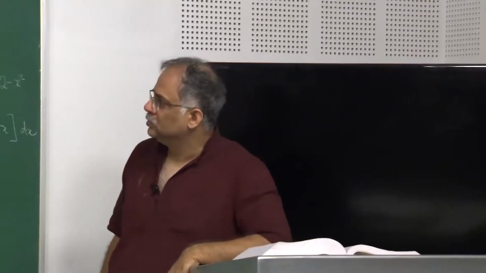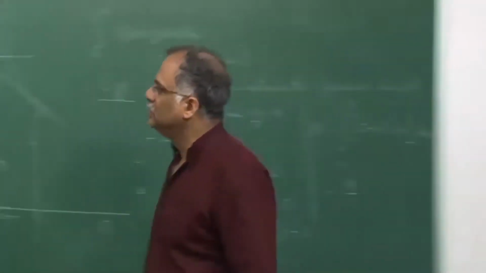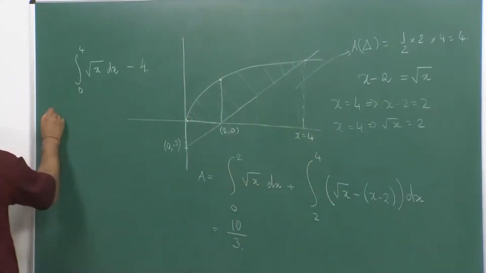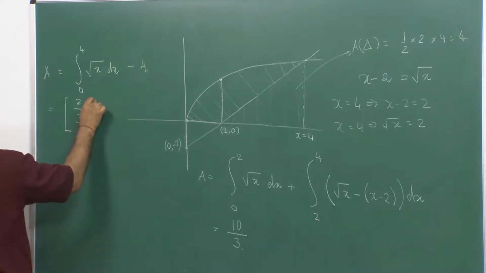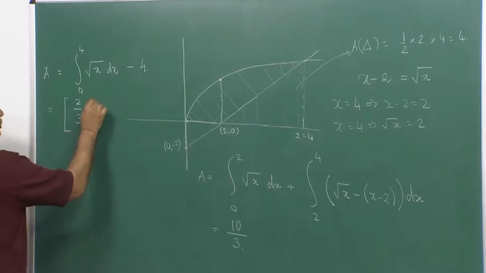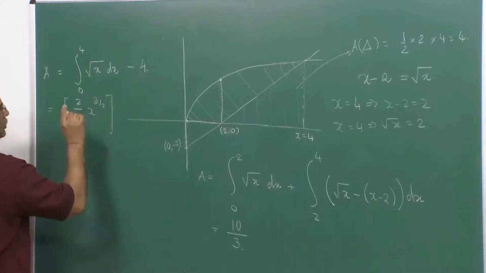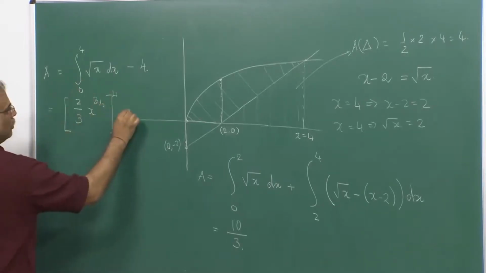The integral of root x becomes 2/3 x to the power 3/2 from 0 to 4, minus 4.